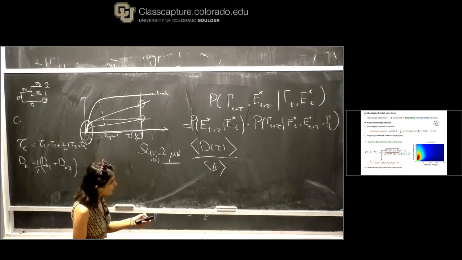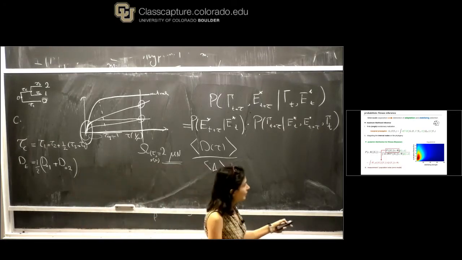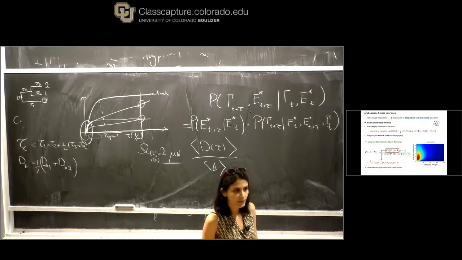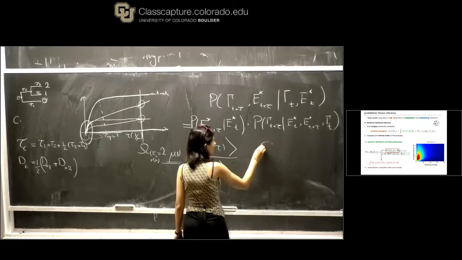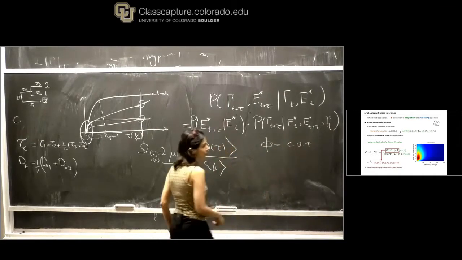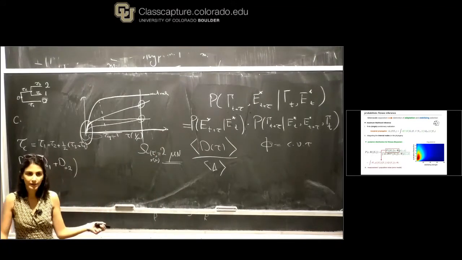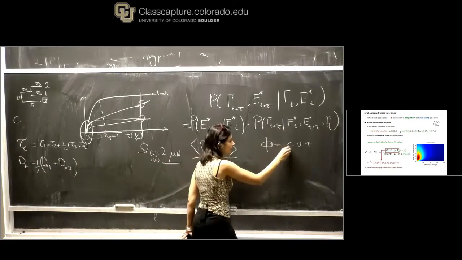So if I were to write it rigorously, it should have been the probability of C and V given the observed gene expression values. Now we know that phi, which is fitness flux, is C times V times tau. So I can just swap V by phi. And the reason we did that is phi is dimensionless.